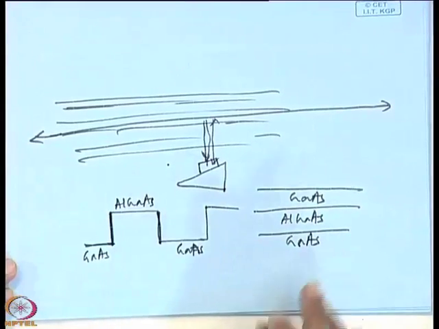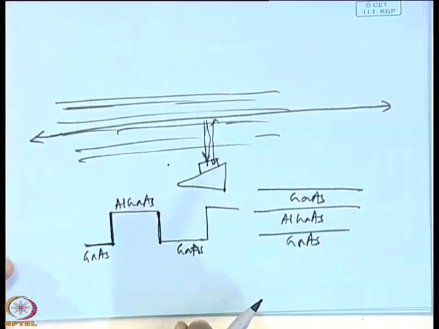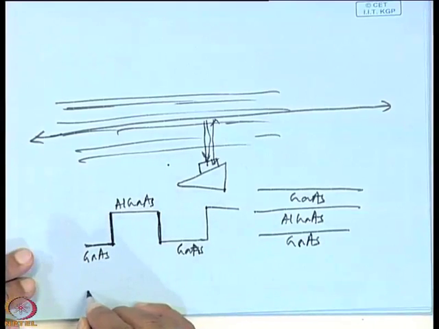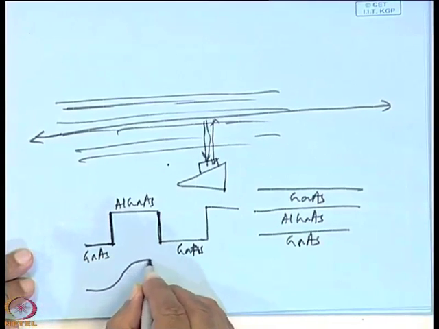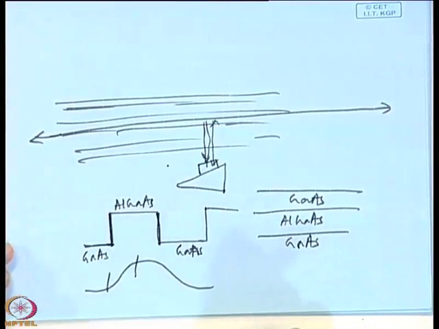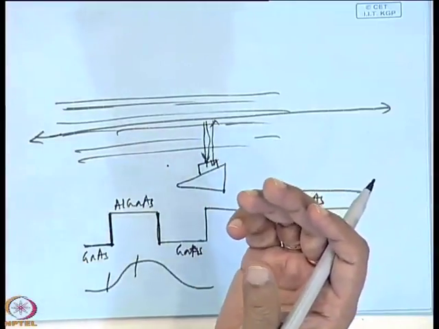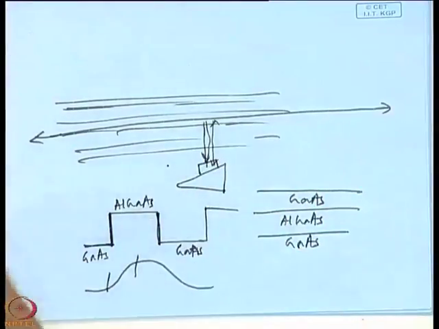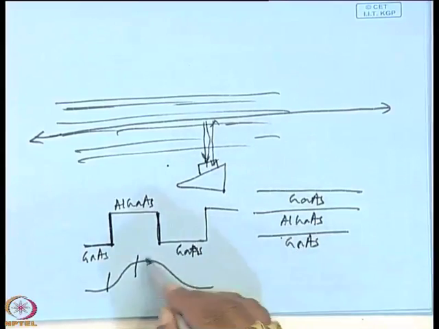Okay? It is very sharp, that is a step profile. Normally, if this care is not taken, how will it look? It will look smeared out. That means there will be diffusion of aluminum on both sides, from this side and that side.